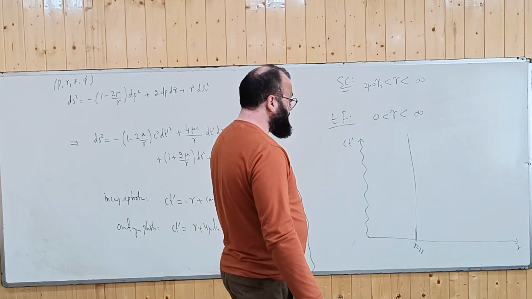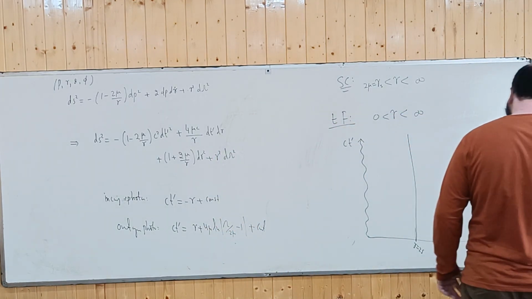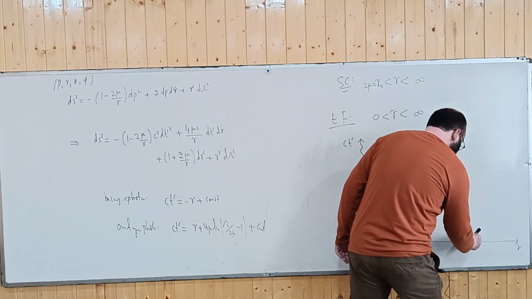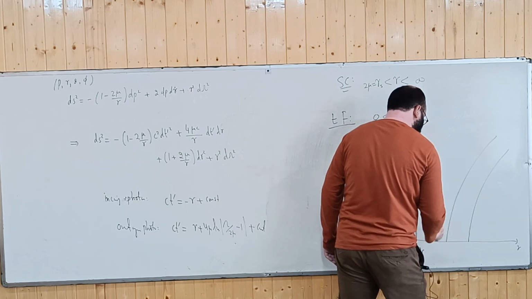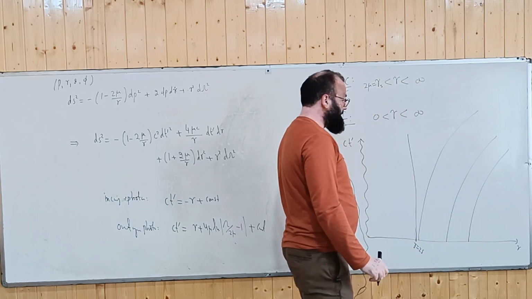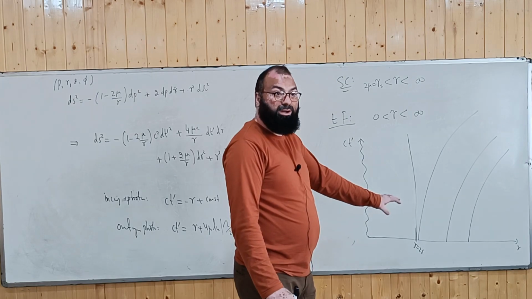Let's say we have outgoing cones, like this. So this is for outside, the outgoing lines.